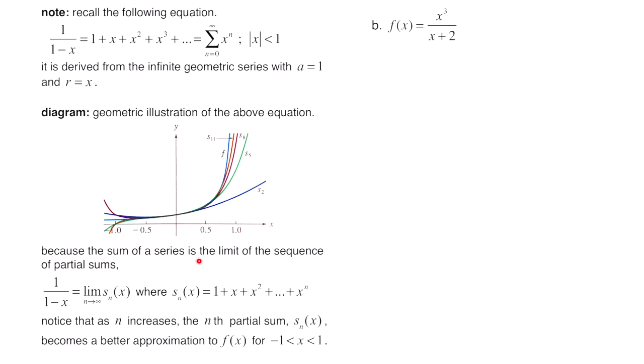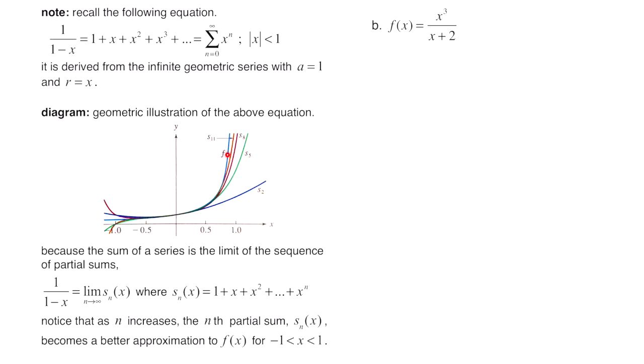Because the sum of a series is the limit of the sequence of the partial sums, the sum of the series is equal to the limit as n goes to infinity of the partial sum s of n of x, which is 1 plus x plus x squared, all the way to x to the n. Notice that as n increases, the nth partial sum s of n of x becomes a better approximation to the function f of x in the interval from -1 to 1.